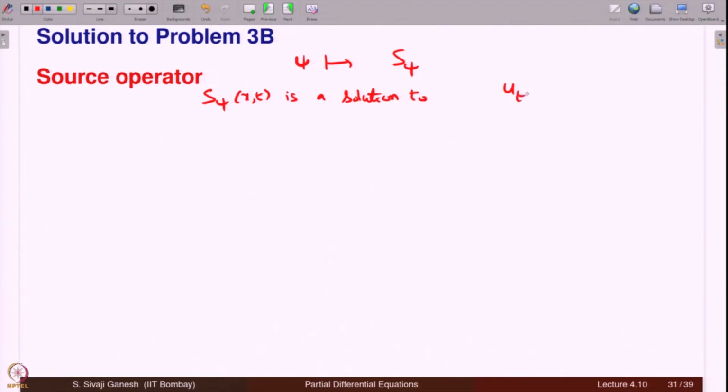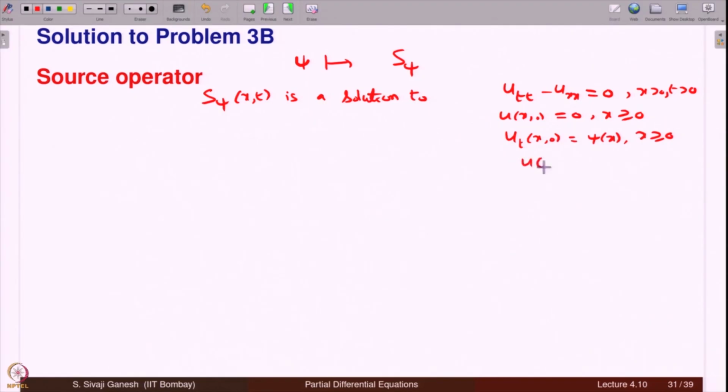So, utt minus uxx equal to 0, homogeneous wave equation, x positive, t positive, and u of x comma 0 equal to 0, x greater than or equal to 0, ut of x comma 0 equal to psi of x, x greater than 0, and we have a boundary condition that should be satisfied. So, given psi, find the solution, that is called S psi.